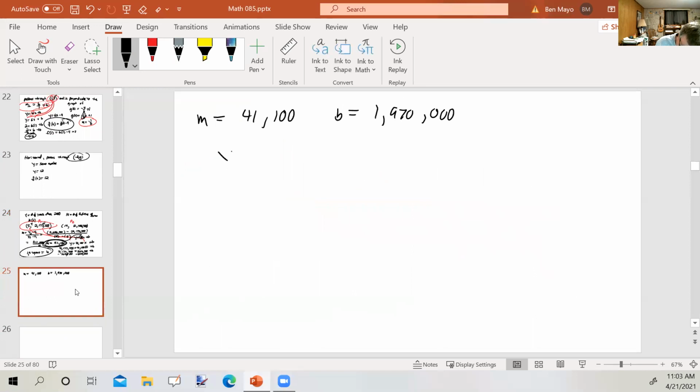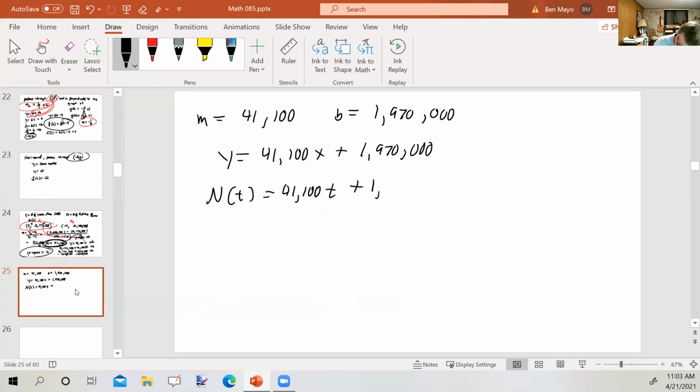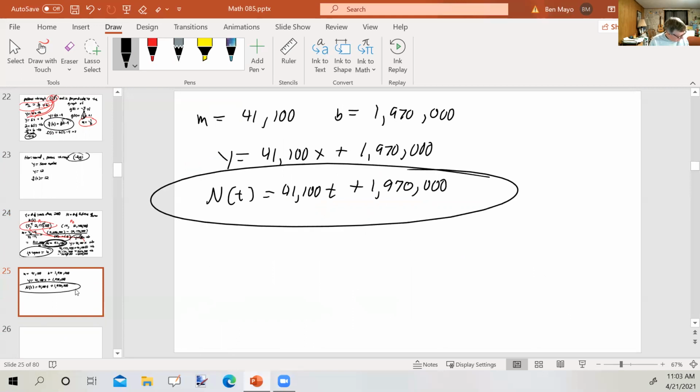Okay, so y equals 41,100x plus 1,970,000. But I need to use t instead of x and n of t instead of y. So n of t equals 41,100t plus 1,970,000. And there's the answer to my first question.